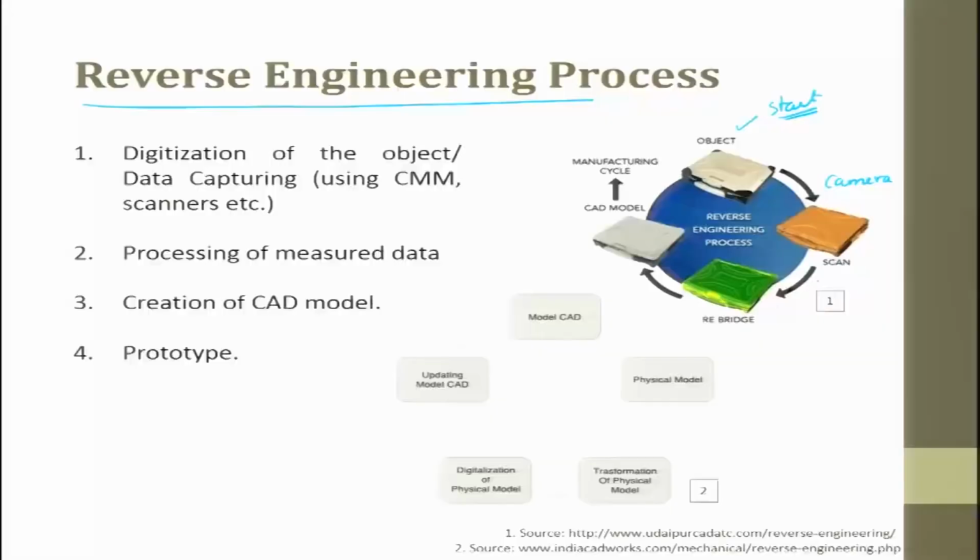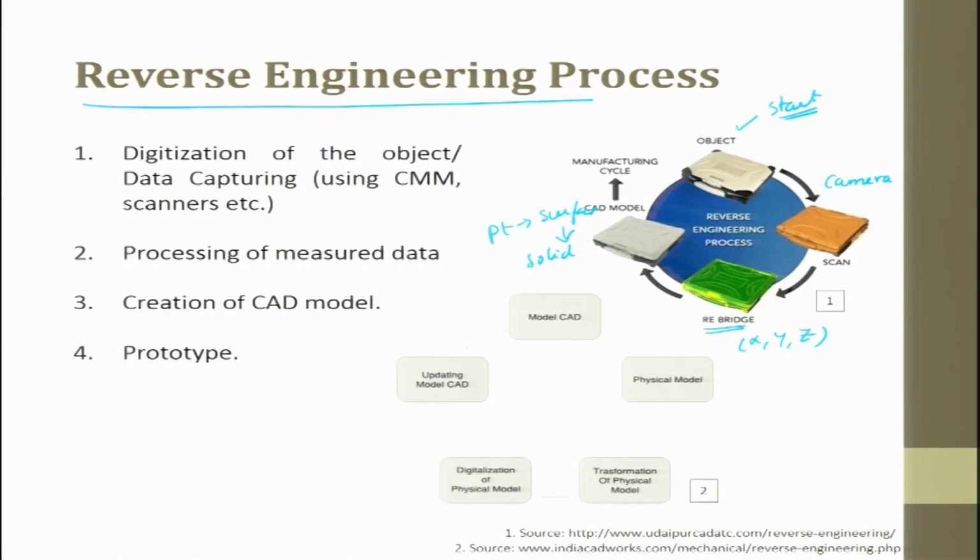Then we use reverse engineering RE bridge, and we try to make a CAD model. So this is scanning, this is a camera doing it. All this gets converted into XYZ data. This XYZ data is given back into a CAD, where the CAD is used to convert point to surface, surface to solid, and you also have to do some amount of patchwork.